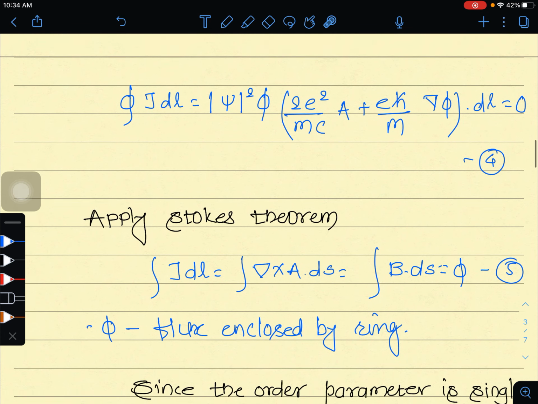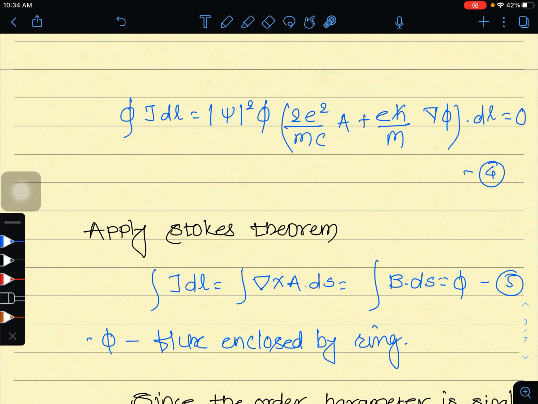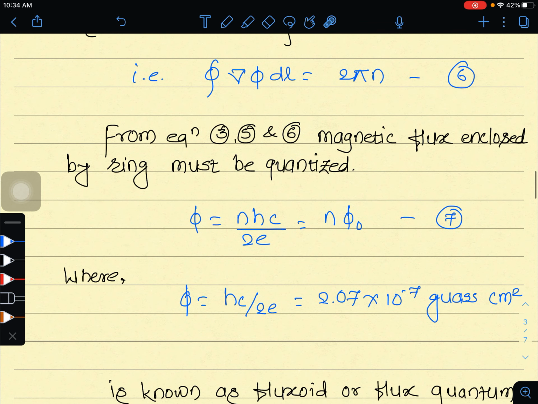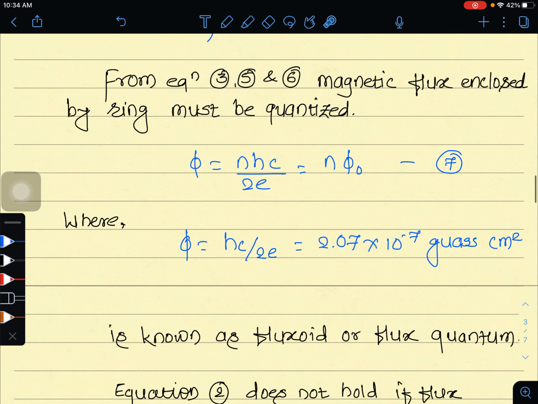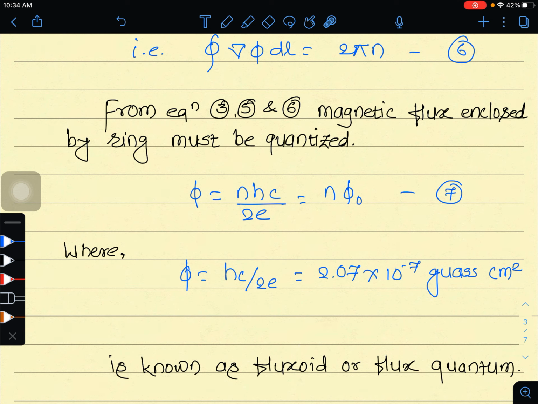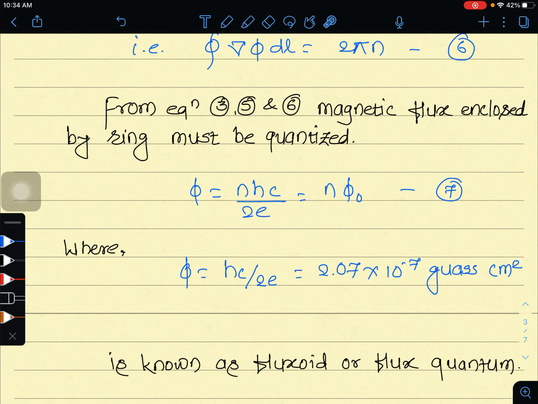Another thing here: we use the Stokes theorem to change the volume integral to the line integral or vice versa. So from equations 3, 5 and 6, the magnetic flux enclosed by the ring must be quantized. So phi is equal to n hc upon twice e, which is equal to n phi 0. That is equation number 7.